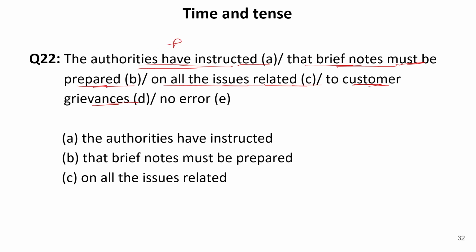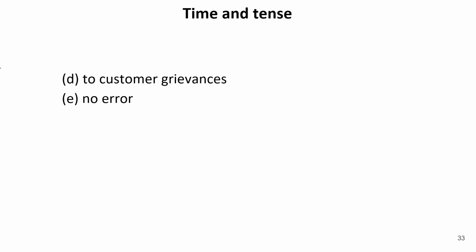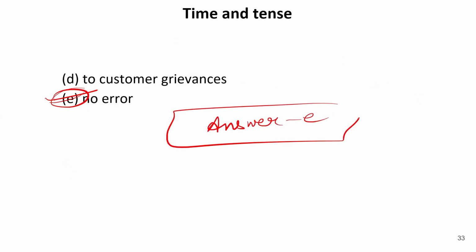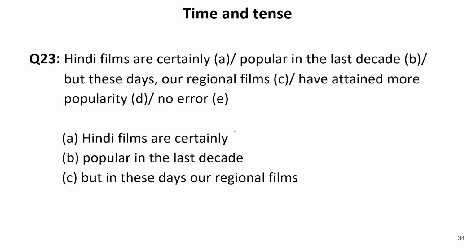That brief notes must be prepared is a sentence with modals. So this is an absolutely correct sentence. There is no error at all. Therefore, our answer is E, because the sentence contains no error.